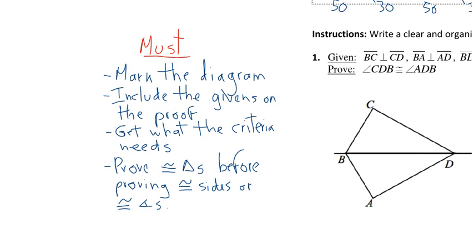So the givens and whatever you can get from the givens should be marked. That's 1. Number 2, you must include the givens on the proof. Like in this one, we have all these givens.